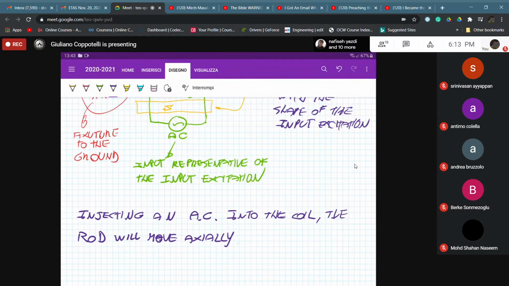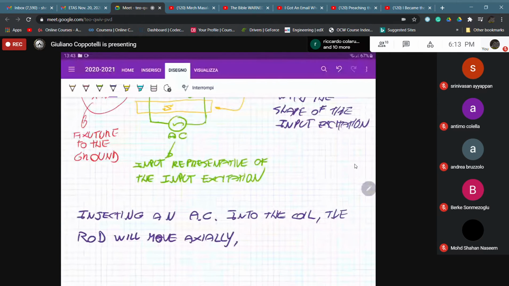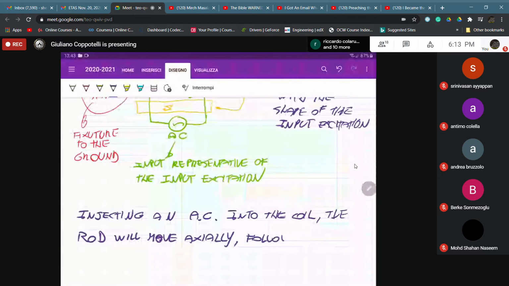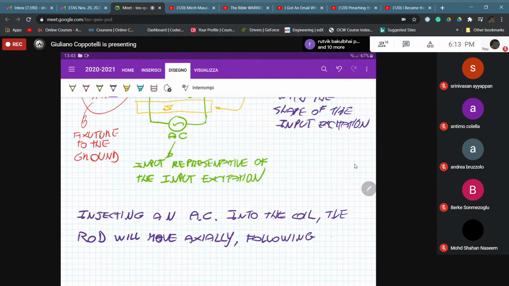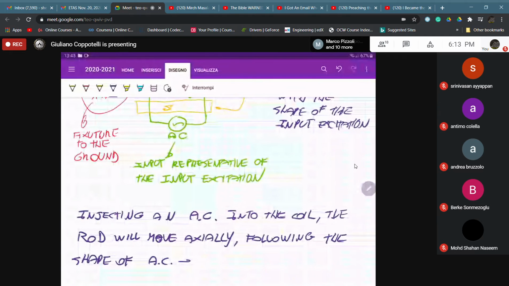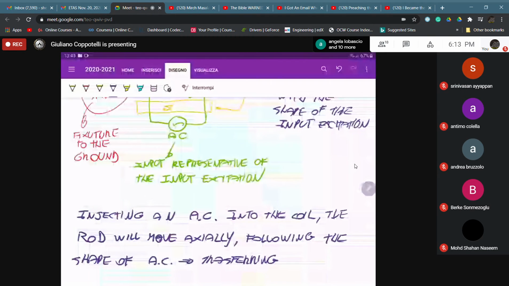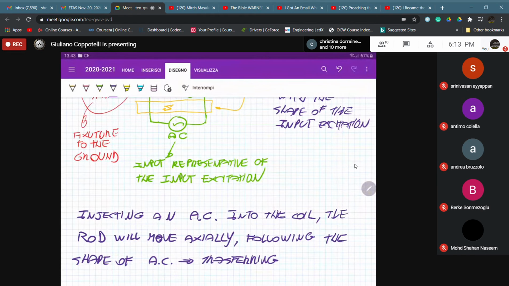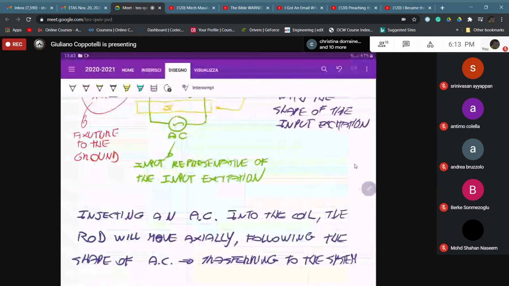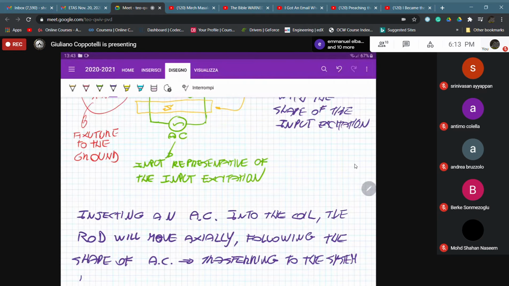But the important thing is that this motion is following the shape of the AC current that we are using to feed the system, thus transferring to the system a dynamic loading.